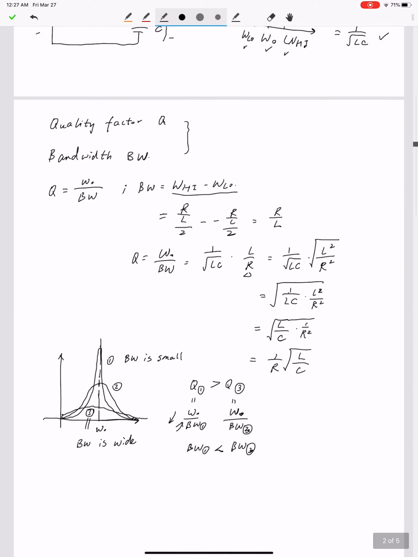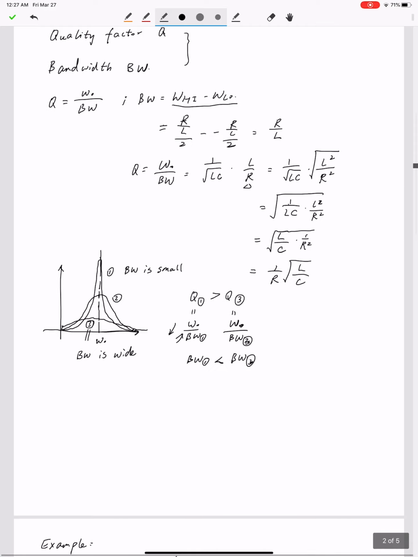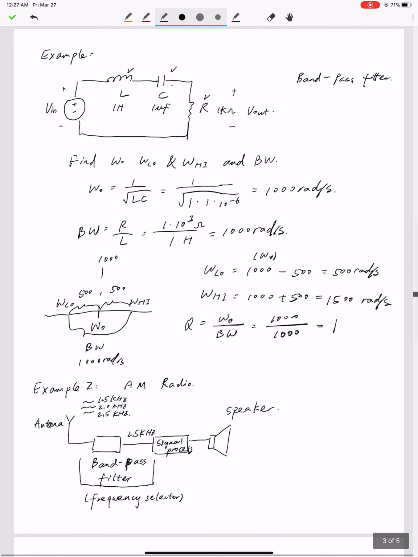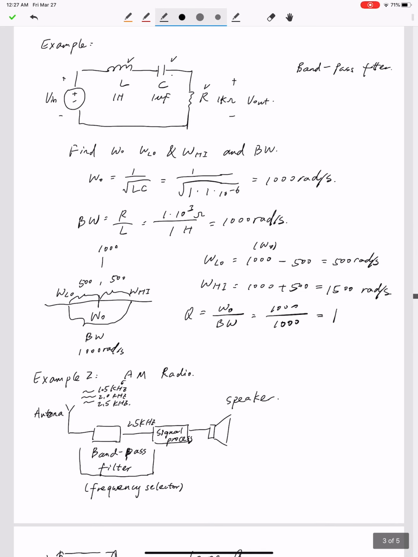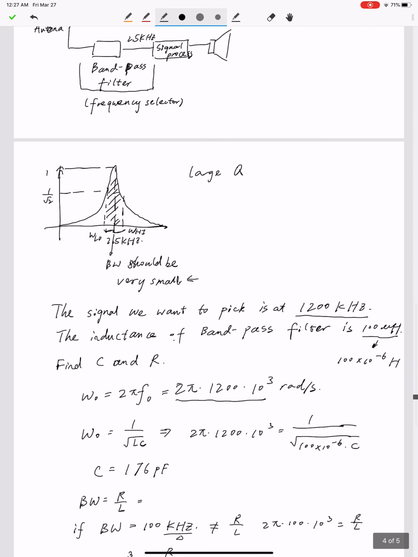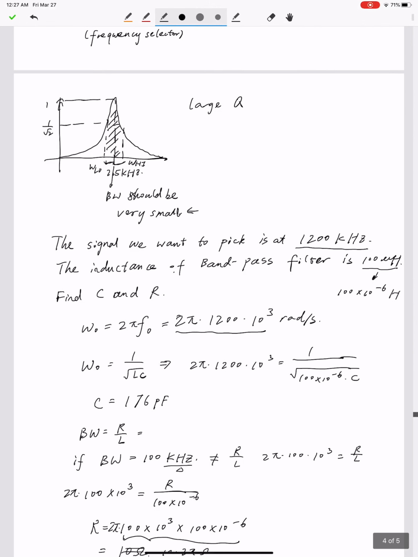And also we introduced the applications of the bandpass filter in AM radios, right? We can use a bandpass filter to pick our favorite radio stations at different frequency bands.